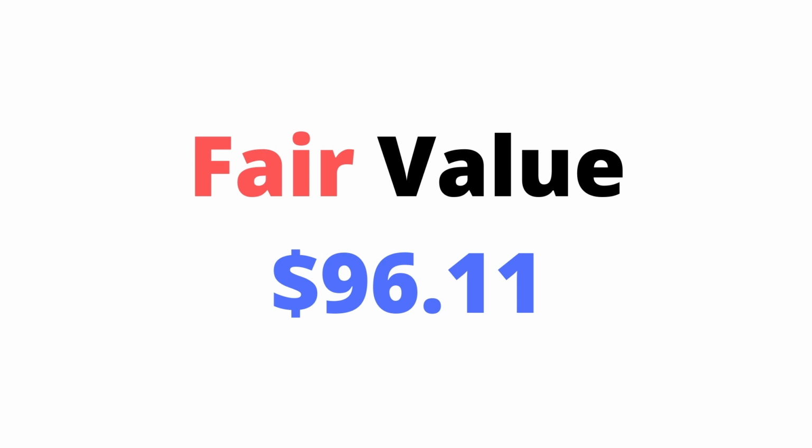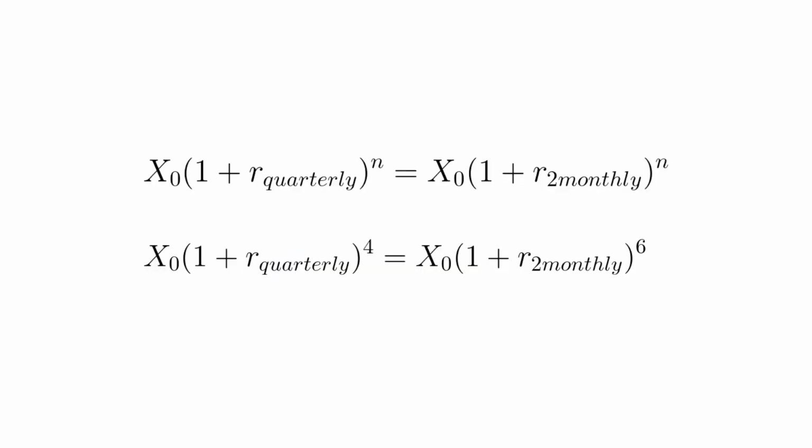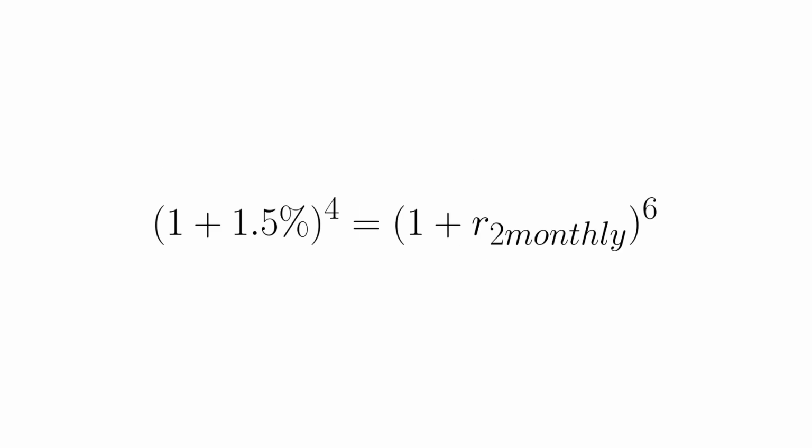Let's focus on part 2. We now do the exact same process: find out the equivalent rate when it is on a 2-month basis. Before, for continuous compounding, our right-hand side of the equation was RC, but now the right-hand side of the equation will be the 2-month rate. The left-hand side will be the same as before, the quarterly rate.